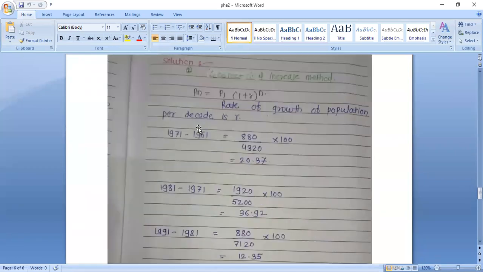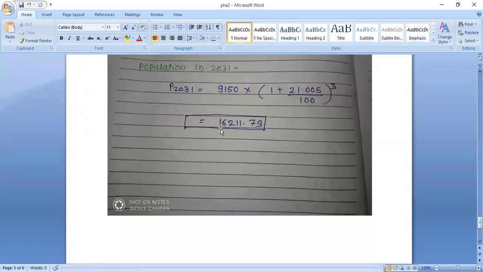Now see what is the formula for the geometric increase method. Pn is equal to P1 in bracket 1 plus R raised to n. Now Pn means for the next three decades, that is, 2031. P2031 is equal to P1, the population of the previous decade, that is, the population of 2001, which is 9150, into 1 plus R, where the value of R is 21.005 divided by 100, raised to n.